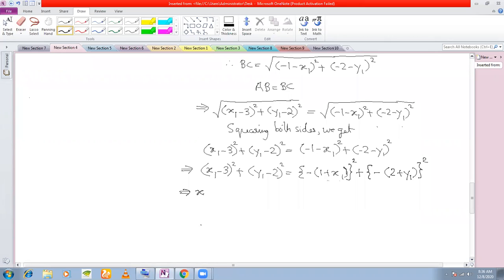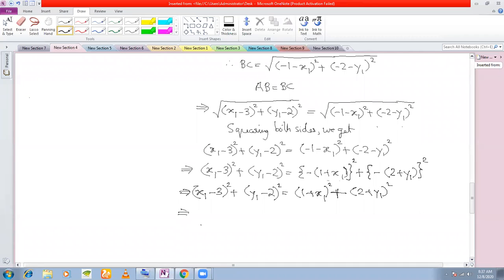Now you can comfortably write this as 1 plus x1 square plus 2 plus y1 square.